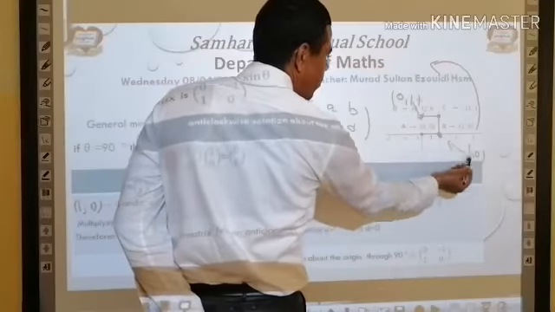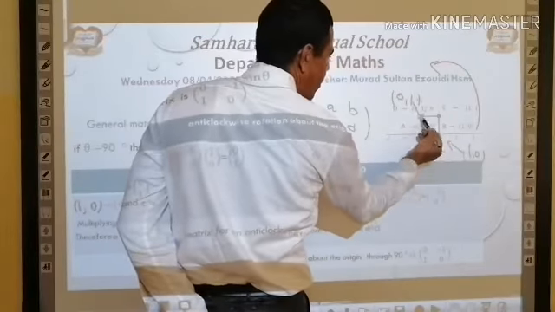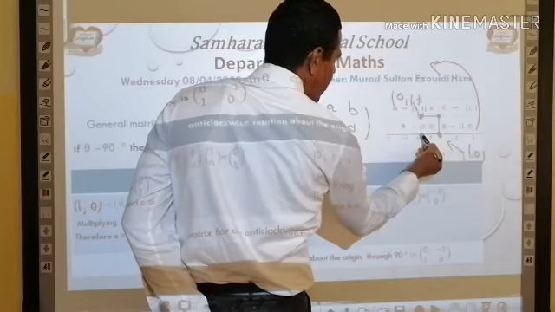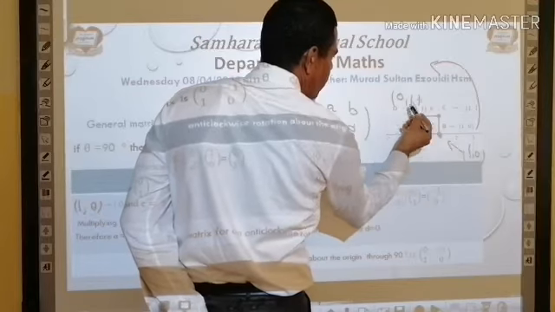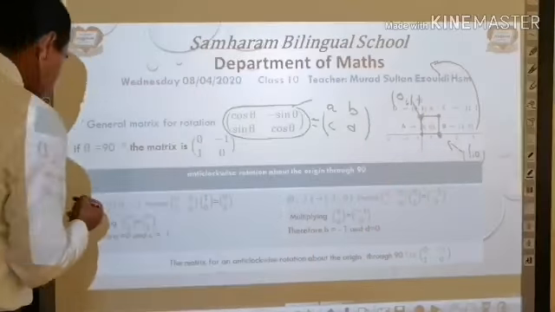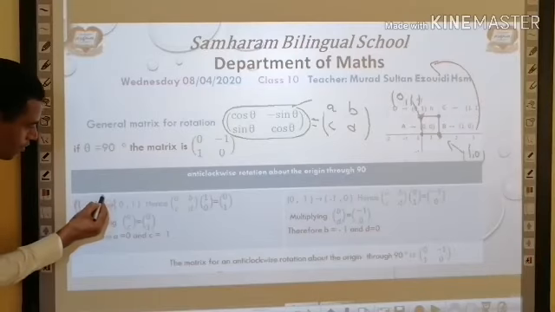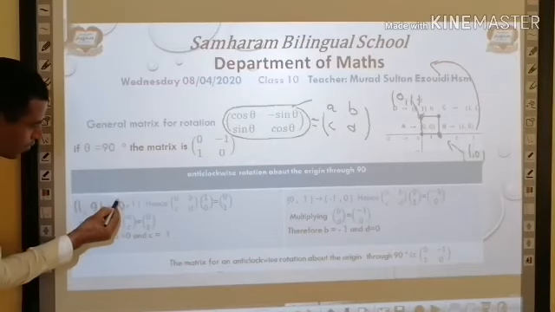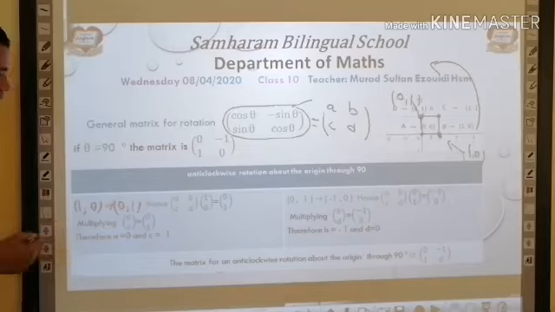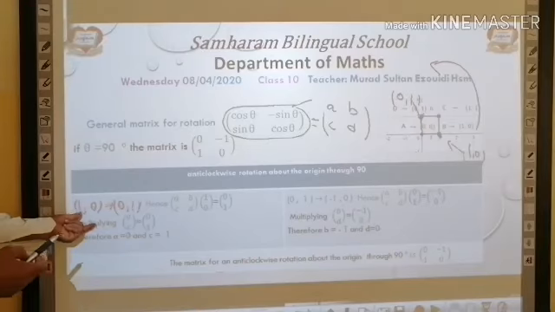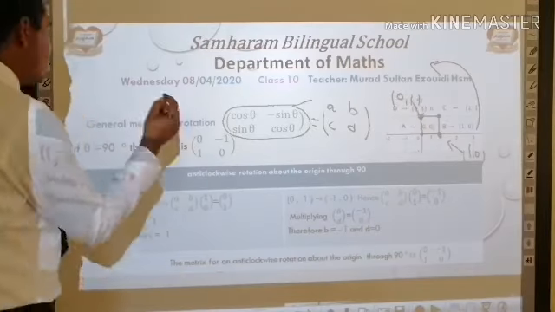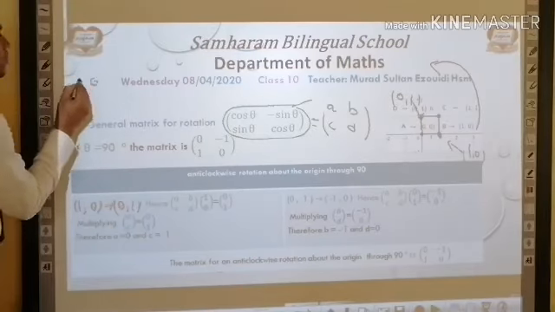This point has the coordinates 1, 0. When it rotates 90 degree, it will be this point, 0, 1. So 1, 0 maps to the point of coordinates 0, 1.